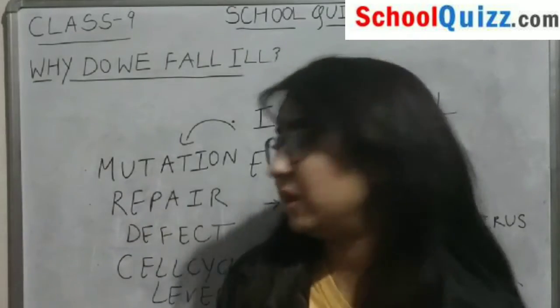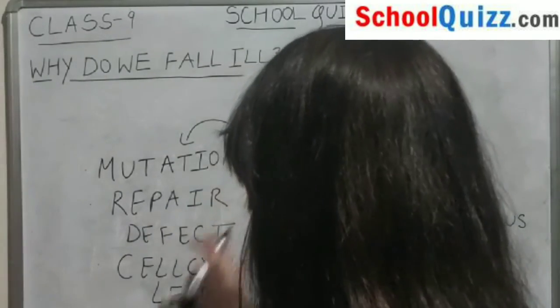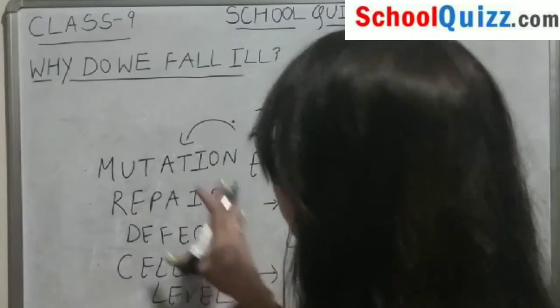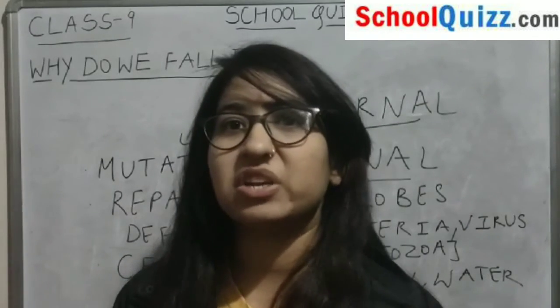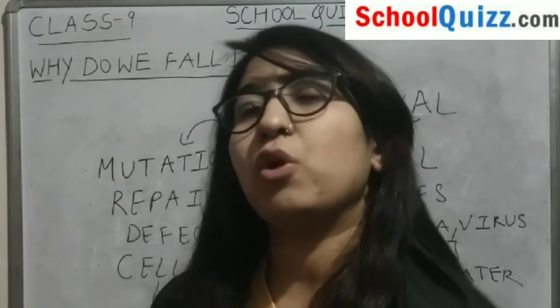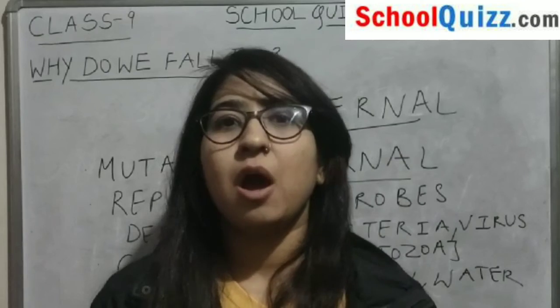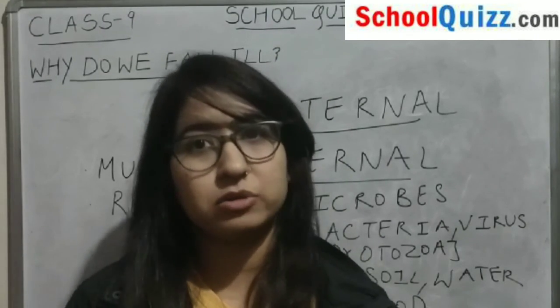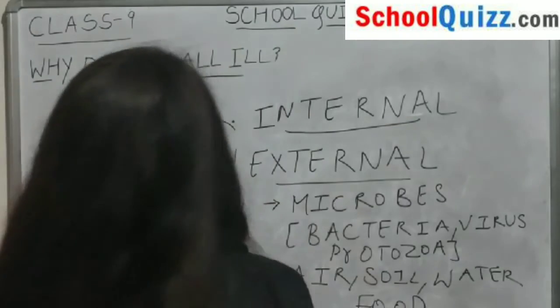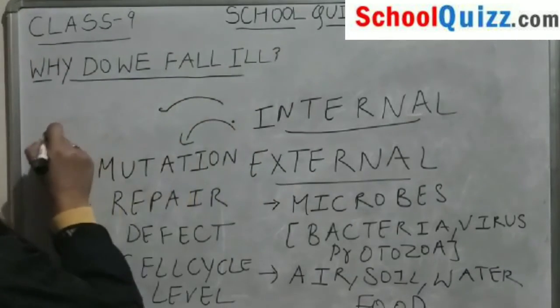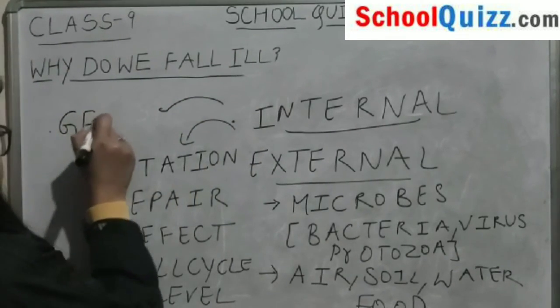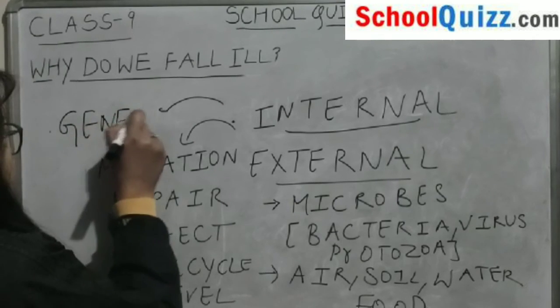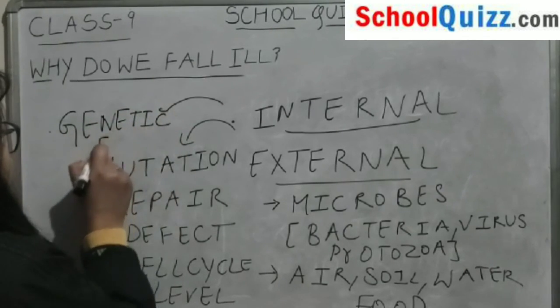We can have defects in repair processes, defects because of mutation, and many times defects because of the copying process, or some genetic elements can also be involved in this process.